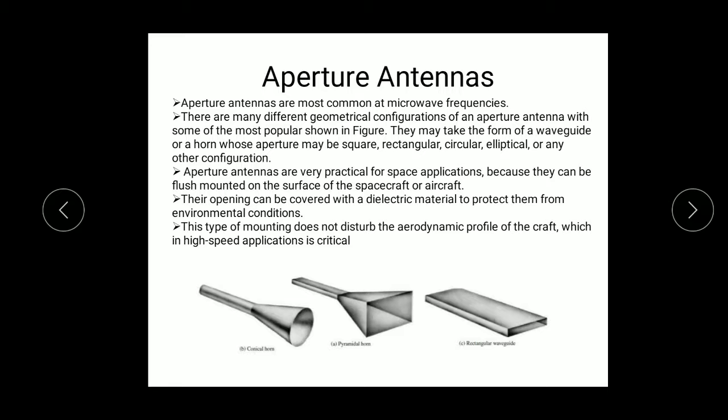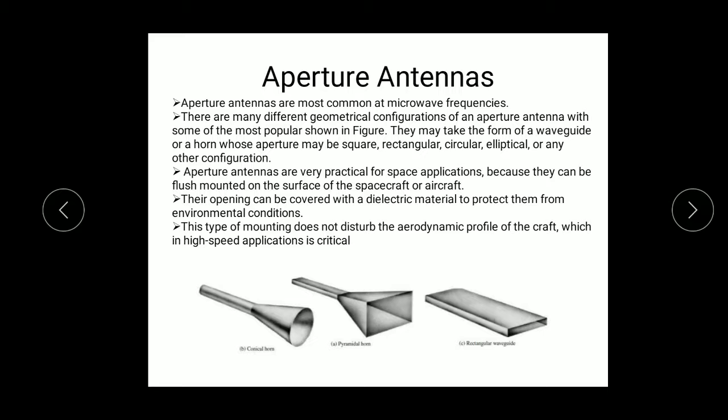Aperture antennas are very practical for space application, because they can be flush mounted on the surface of a spacecraft or aircraft. Their opening can be covered with dielectric material to protect them from environmental conditions.